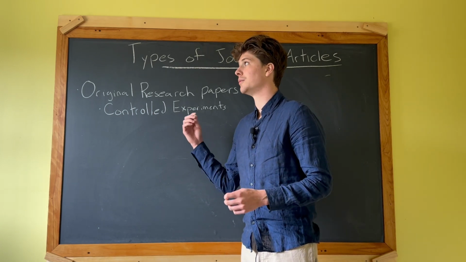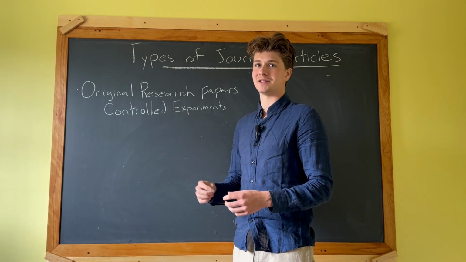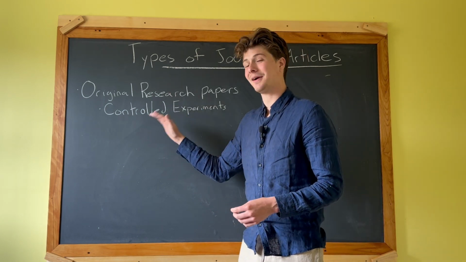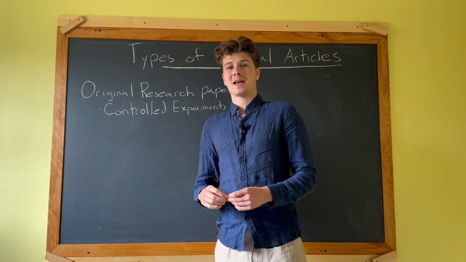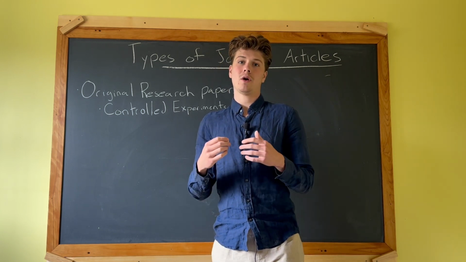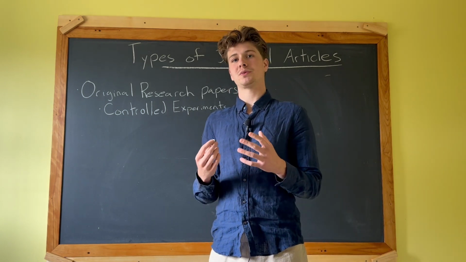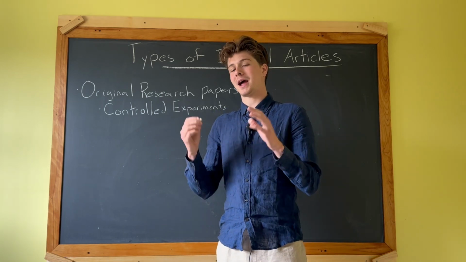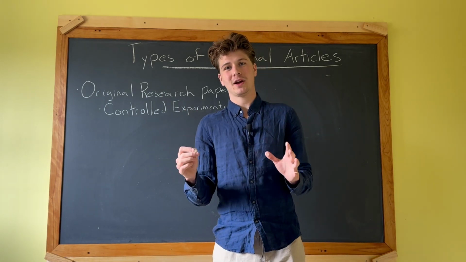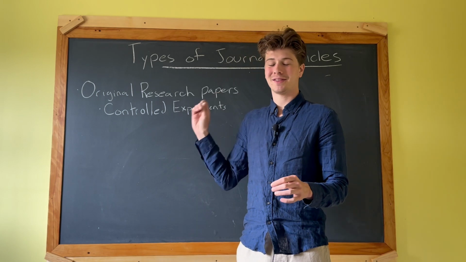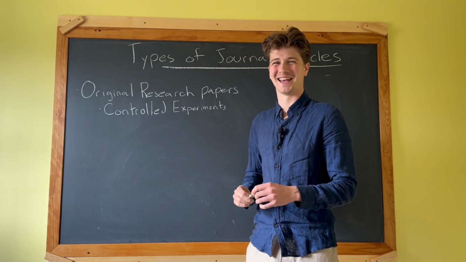You're far removed from empirical evidence. And so all this is touted as empirical evidence. However, often we get away from what is truly observed. But I digress. This is not the purpose of the video. We're going to be talking about types of articles.